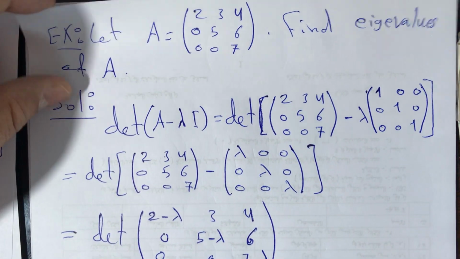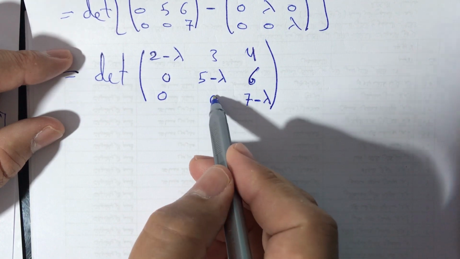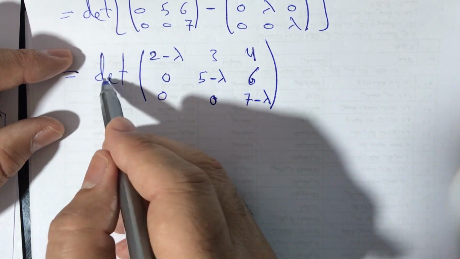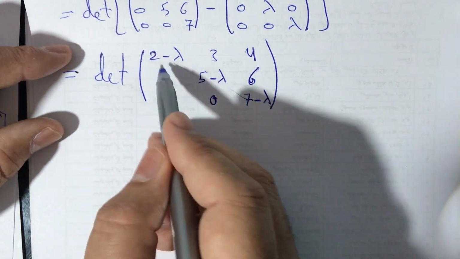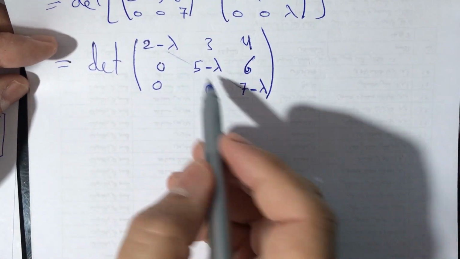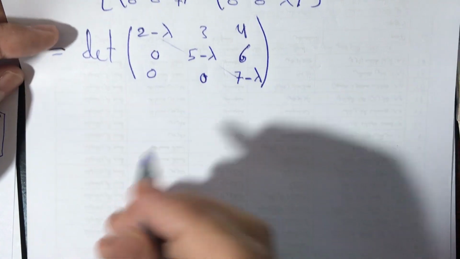Since there are zeros below, the determinant is the product of the elements of the main diagonal.